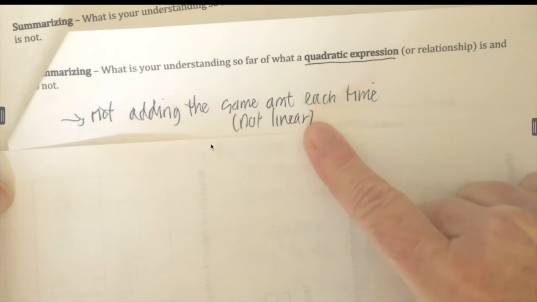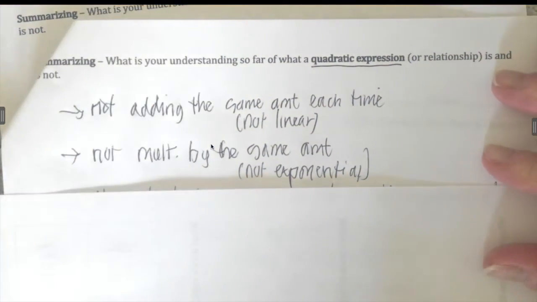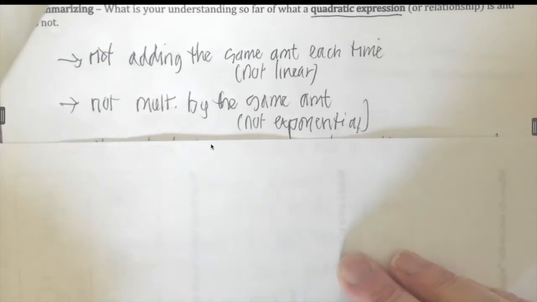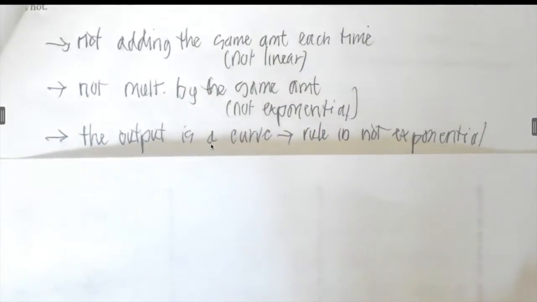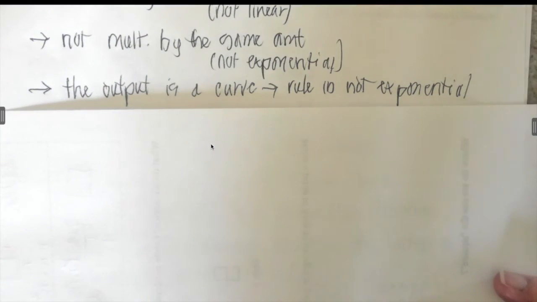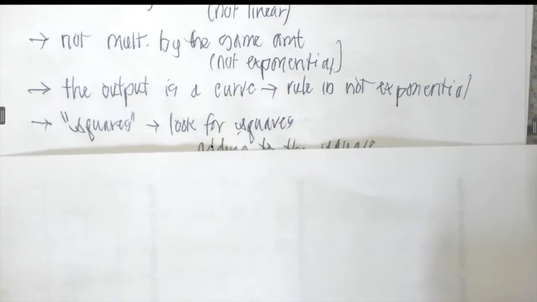I know it's not linear. Second thing, I know it's not exponential. I'm not multiplying by the same amount each time. What else do I know? That when I graphed it, the graph was a curve, but I realized the rule is not exponential, because I'm not multiplying by the same amount each time.